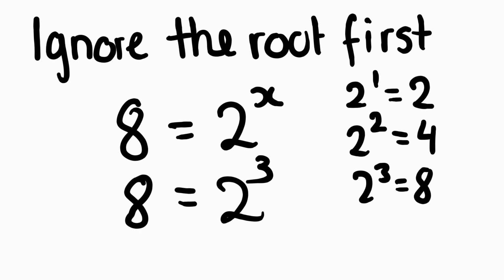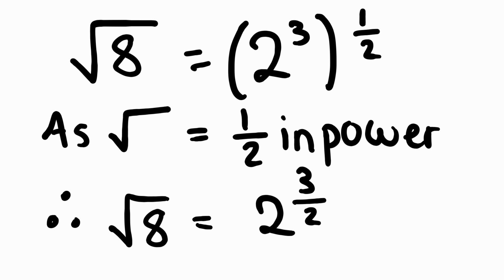And 2 times 2 times 2, so 2 to the power of 3 is equal to 8. Then we add this square root. So square root is the same thing as the half in power. So all we need to do is do 3 times by a half to get 2 to the power of 3 over 2.